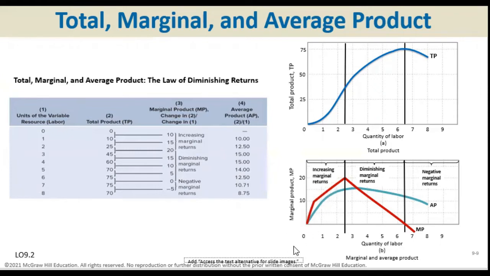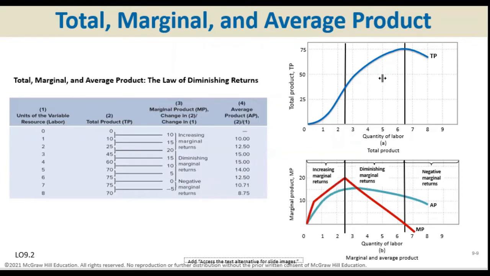The marginal product is increasing and we get to the peak, right? So in this area, when the total product is increasing at an increasing rate, it translates to increasing marginal returns. And you can see here that the marginal product is also increasing.